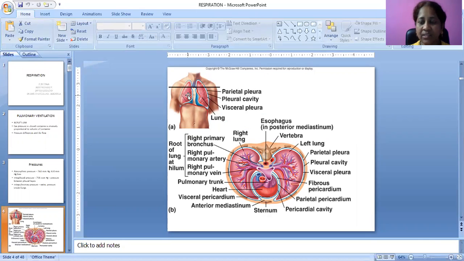The right lung consists of three parts, the left lung of two parts. Here, this is the primary bronchi, again divided into secondary bronchi, into tertiary bronchi, to alveoli.